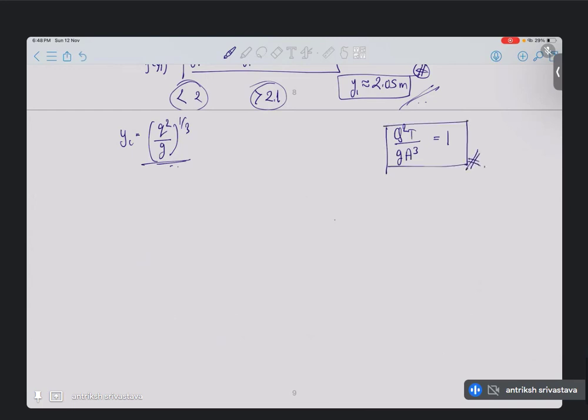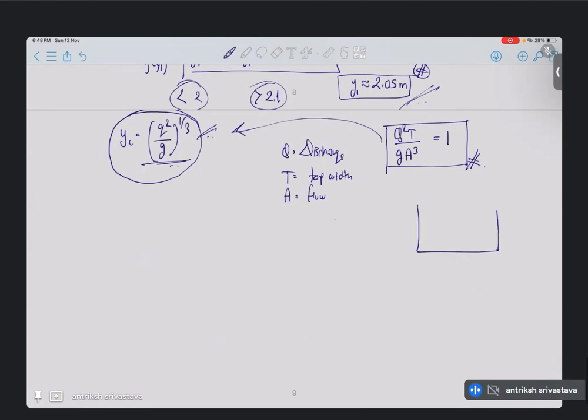But when you simplify this formula in case of rectangular channel, then you can do away with this. So how do we get from there to here? Let us see. Q is the discharge, T is nothing but the channel top width, A is the flow area, and G is the acceleration due to gravity. So let's look at this expression here.